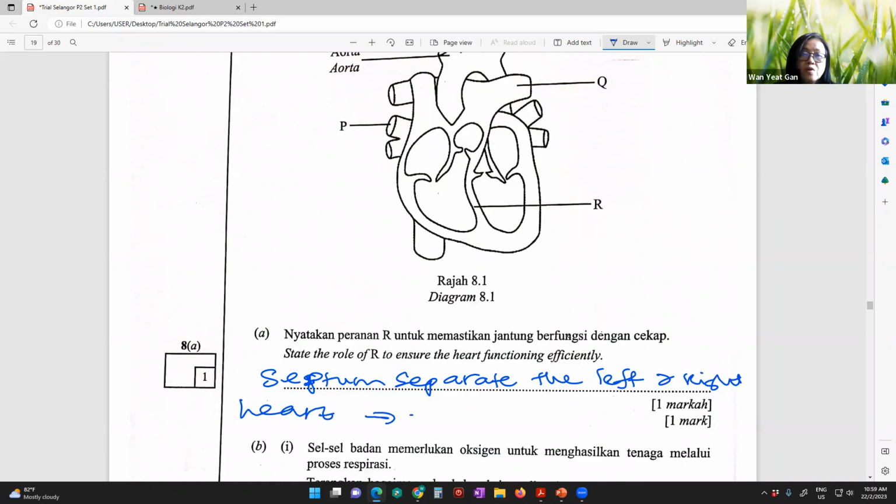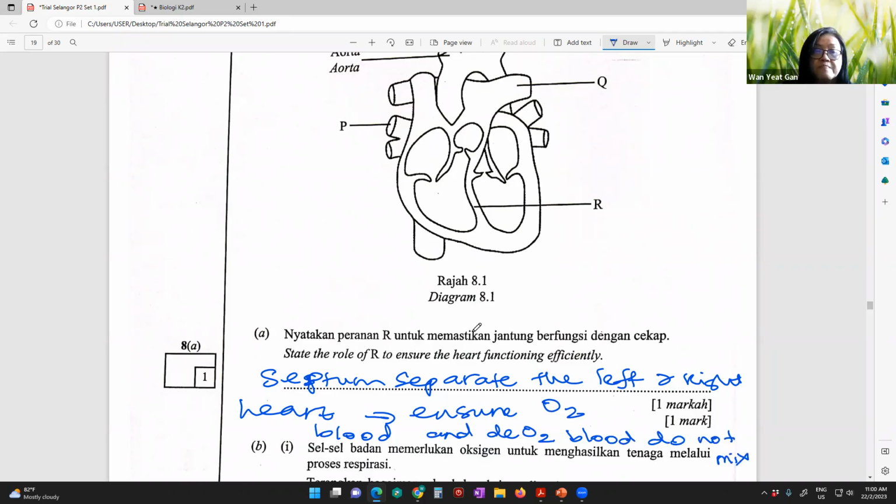So this will ensure oxygenated blood and deoxygenated blood do not mix. You want to separate them from mixing.